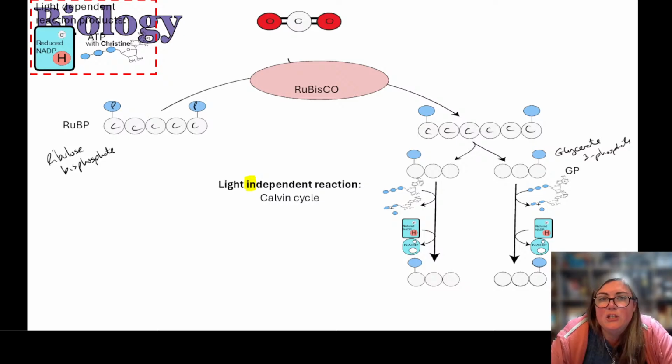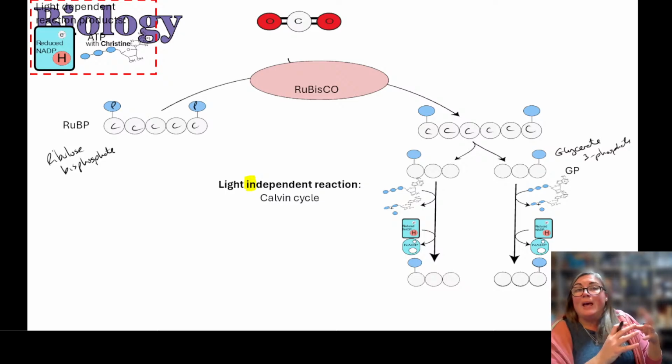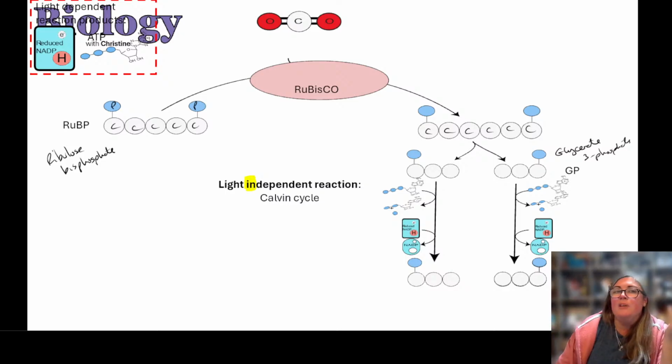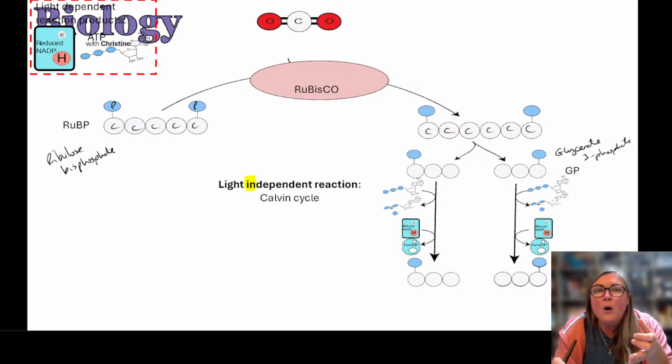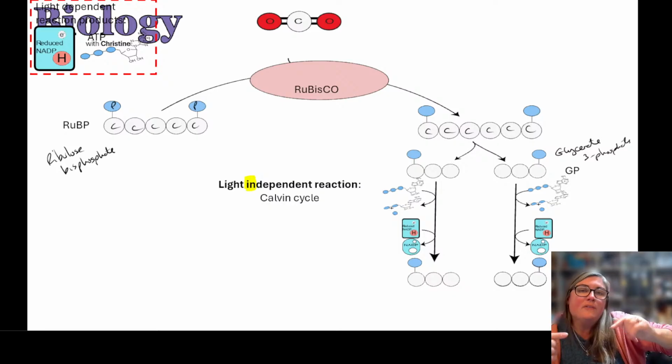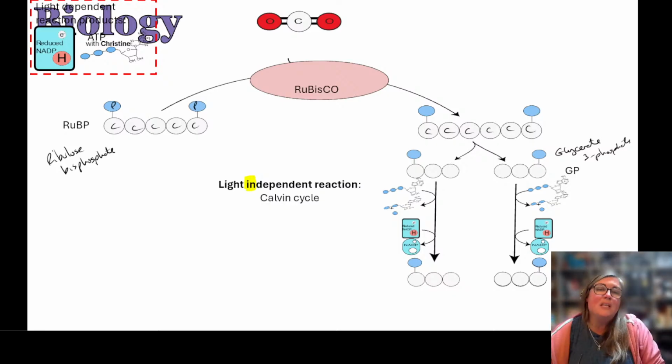So what we then need to understand, going back, is that if we don't have enough carbon dioxide, we're going to limit the rate of photosynthesis because we're limiting the light independent reaction. If I don't have enough light, I'm not going to make enough of these products, reduced NADP and ATP. I therefore am going to limit the rate of photosynthesis because I don't have enough to convert my GP into TP.